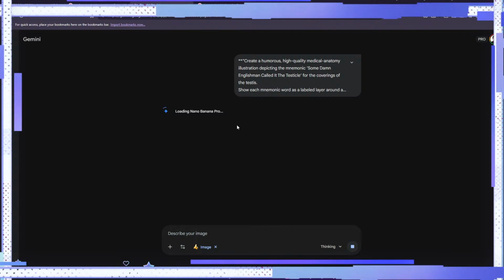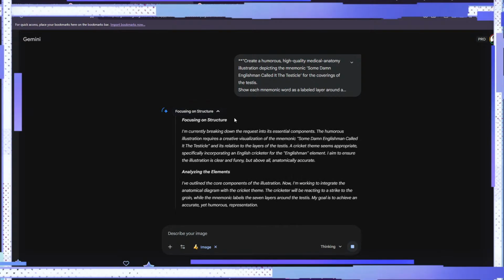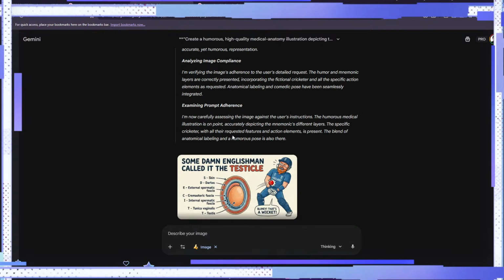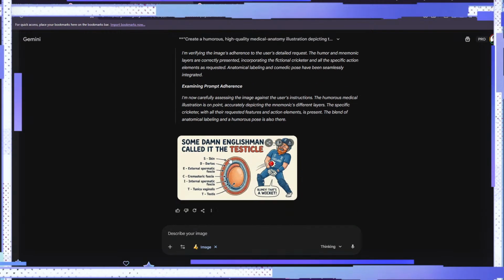Okay, looks like it is functioning and it will make me that image, which I'm very much looking forward to seeing. Focusing on structure. Let's see what it's thinking about. Interesting. Surely we can make this funnier and more educational at the same time.